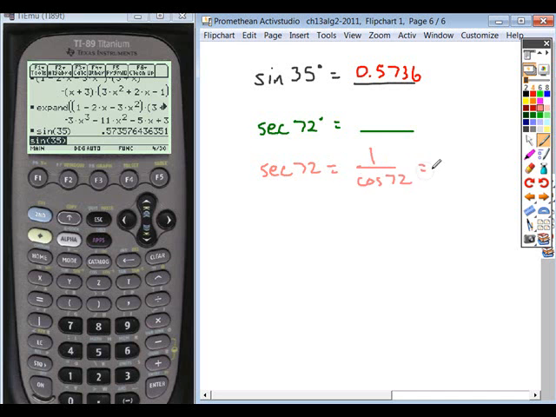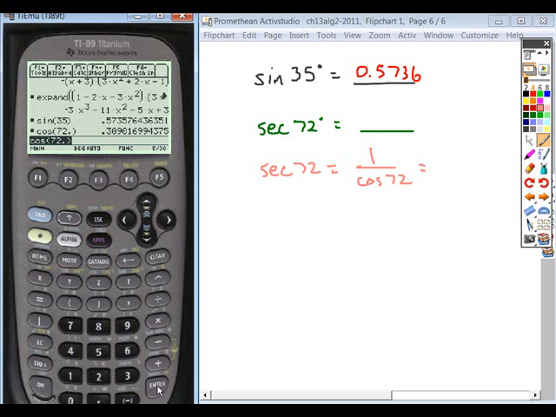So here's one possible way to solve this. If you were to find the cosine of 72, again, put it in decimal form. And then to find the inverse of that, the inverse is either that whole thing to the power of -1.